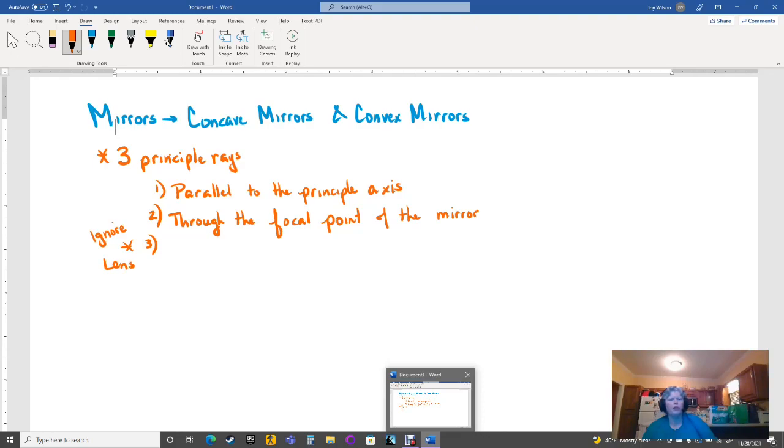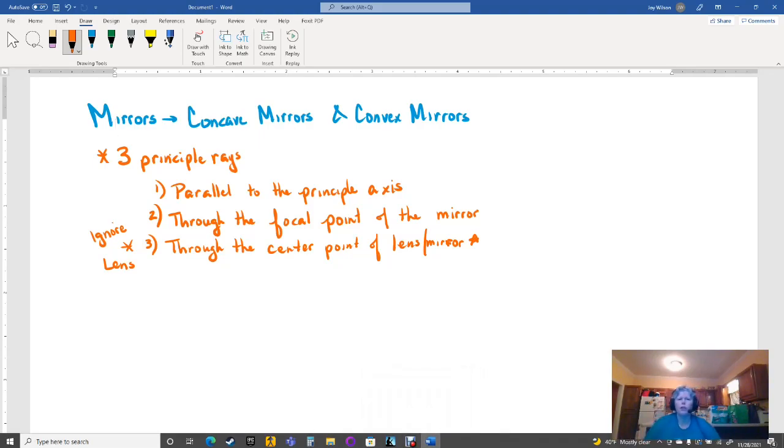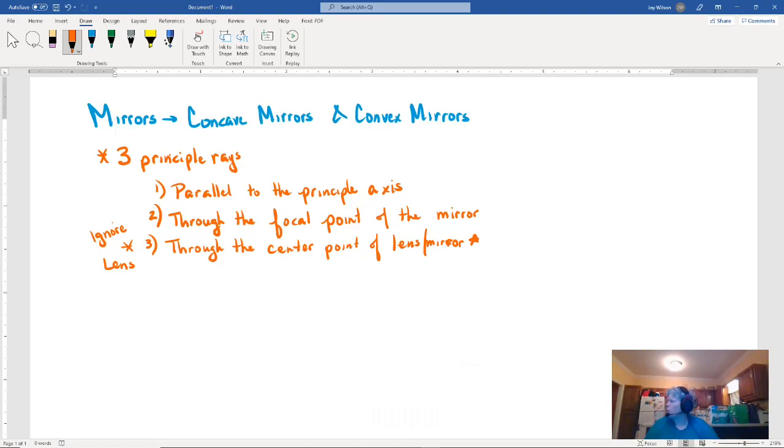But the third one is the one that goes through the center point of the lens. Now, like I said, this one we will not use today. We'll be using the other ones to find our images.